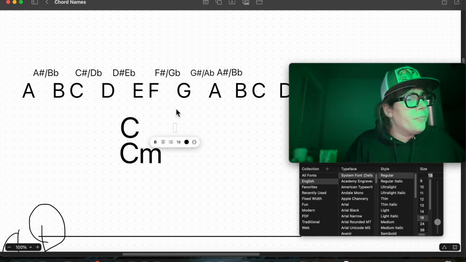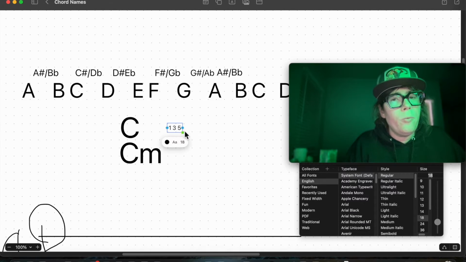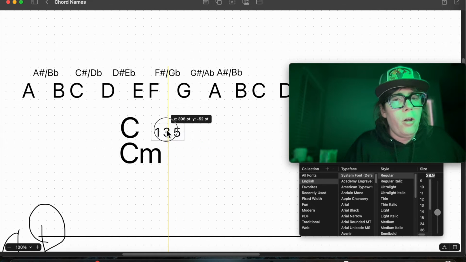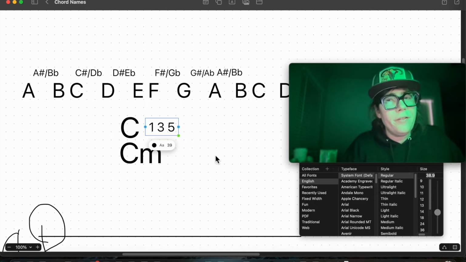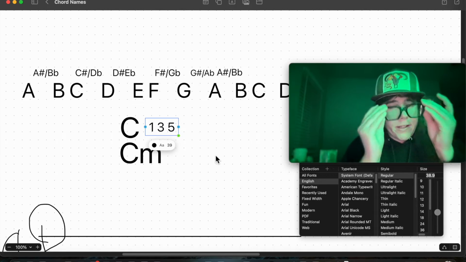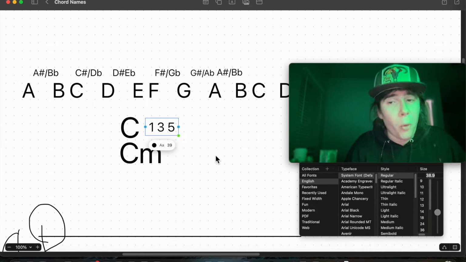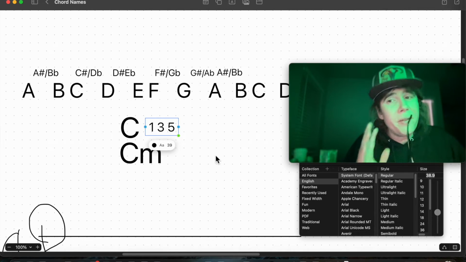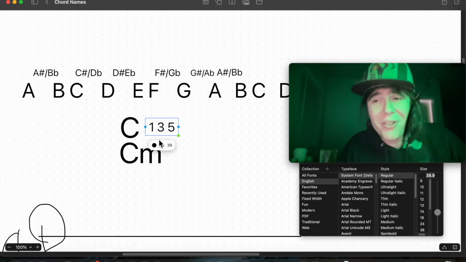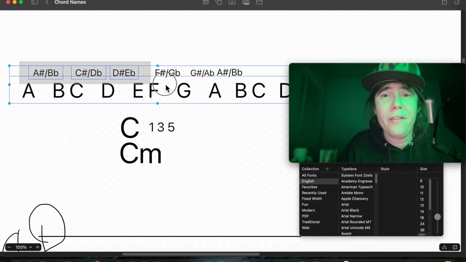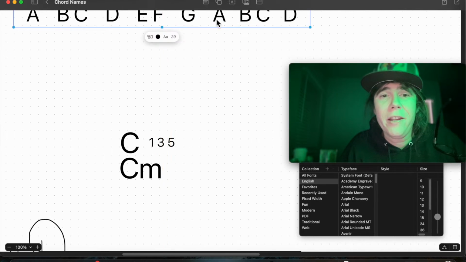Now, a lot of musicians will shorthand and call every major chord 1, 3, 5, even if we're not in that key. I'm going to say it again. A lot of musicians will shorthand, for simplicity's sake, and refer to every major chord's construction as 1, 3, 5. Let me get this extra information out of here, right?